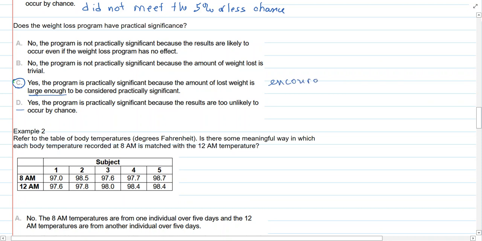Encouragement of the small sample in large weight loss.